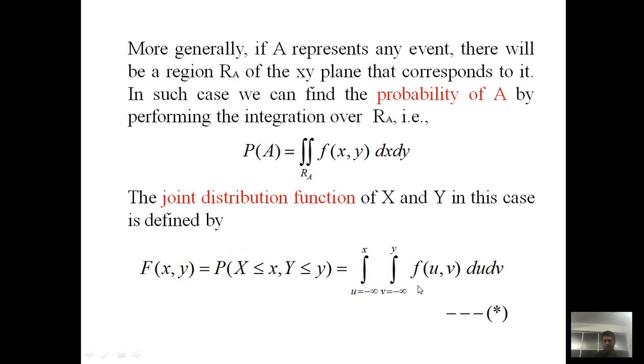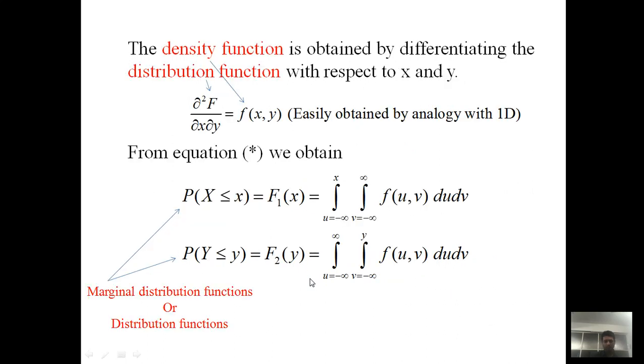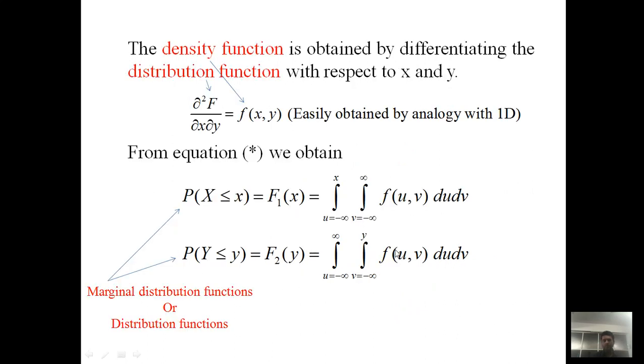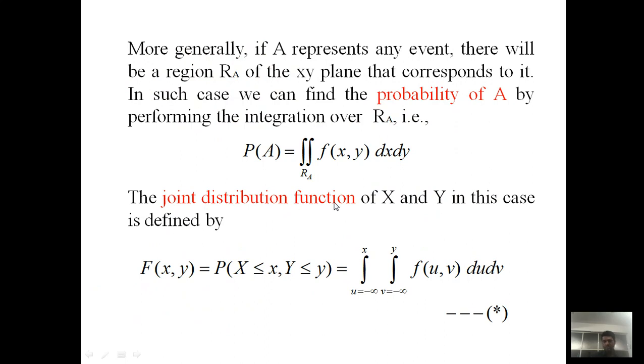In the distribution function there are restrictions on y also, but in the marginal distribution function of x there is only a restriction on x. So the limit v from minus infinity to y is extended to v from minus infinity to infinity. The function f of uv du dv is as it is. So the marginal distribution function of x is obtained from the distribution function by removing the restriction on y.